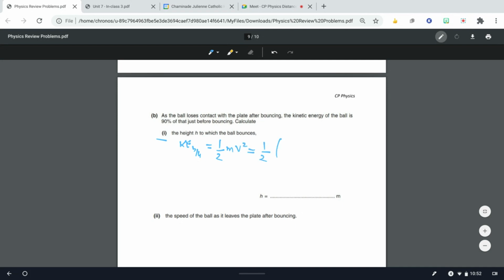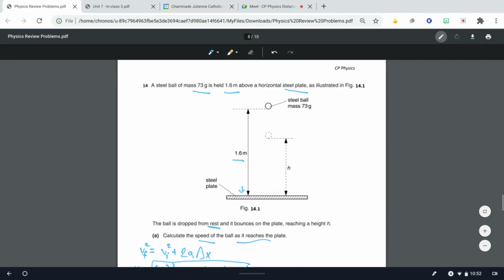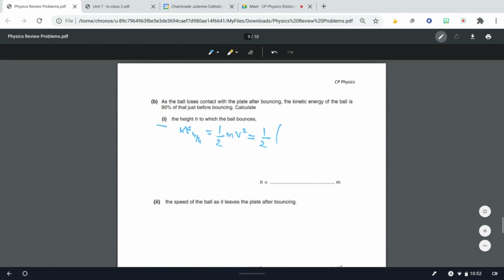Half, what is the mass? The mass was 73 grams, I believe. Yes, so convert 73 grams into kilograms. So 73 divided by 1,000 times 5.6 squared, that would be 0.5 times 0.073 times 5.6 squared, or 1.15 joules, right?